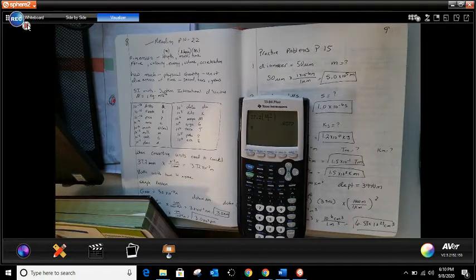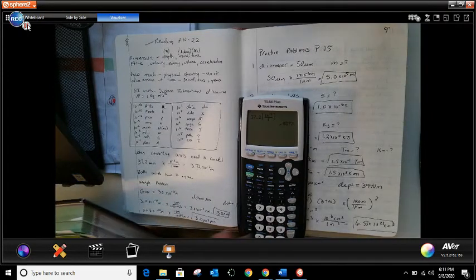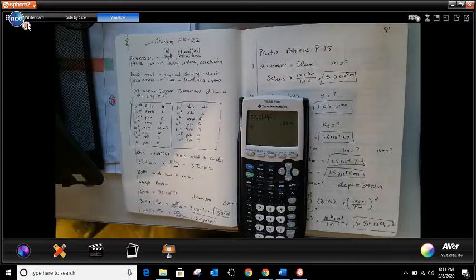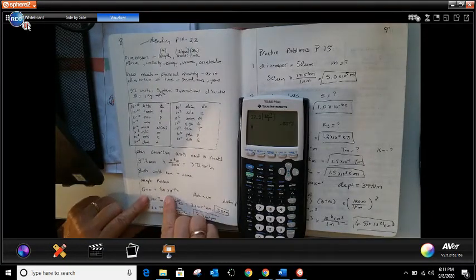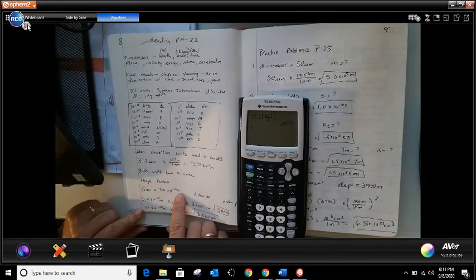Express the 3.0 times 10 to the negative 10 meters in nanometers and in picometers. So the first thing we're going to do is write down what our given is. So our given is 3.0 times 10 to the negative 10 meters.